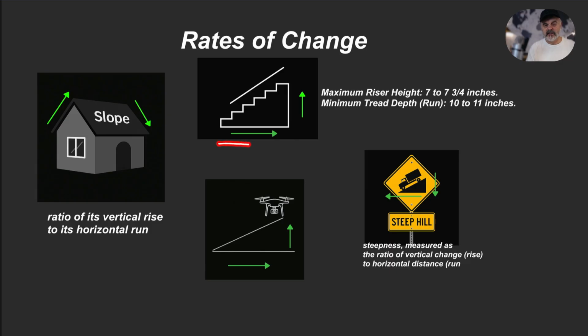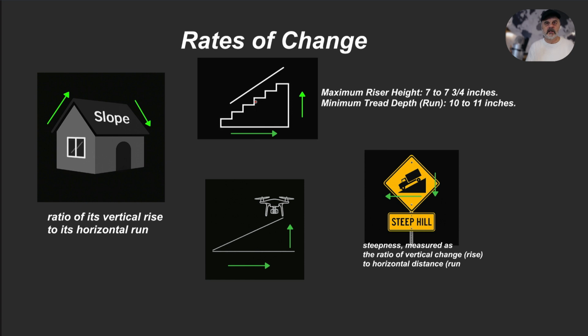Another familiar surrounding you can relate to: you have seen stairs in buildings, houses, you name it. There's a certain way of constructing them so that the risers and runs remain in a certain ratio, because the length of each is determined by the building code.